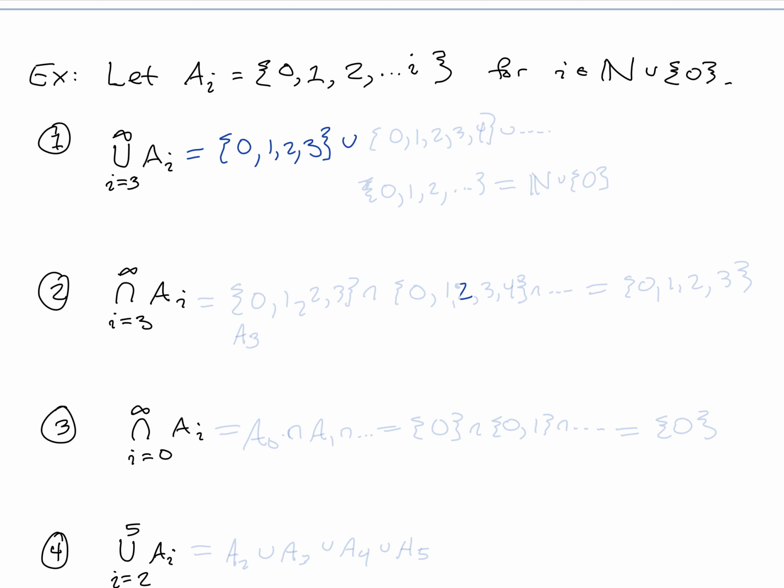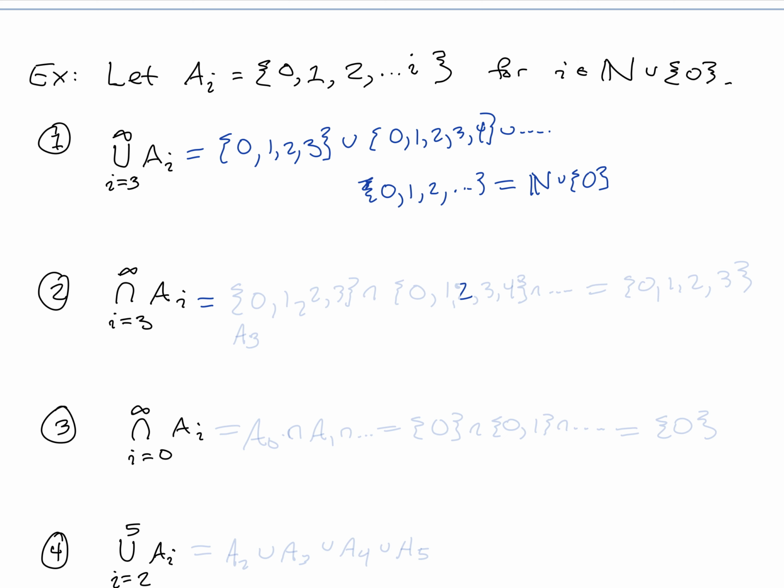The set A4 is next, 0, 1, 2, 3, 4, etc. And we see that eventually we're going to get all natural numbers as well as 0, right? So this ends up just being the natural numbers unioned with 0, or in other words, the set 0, 1, 2, forever, all the positive integers together with 0.